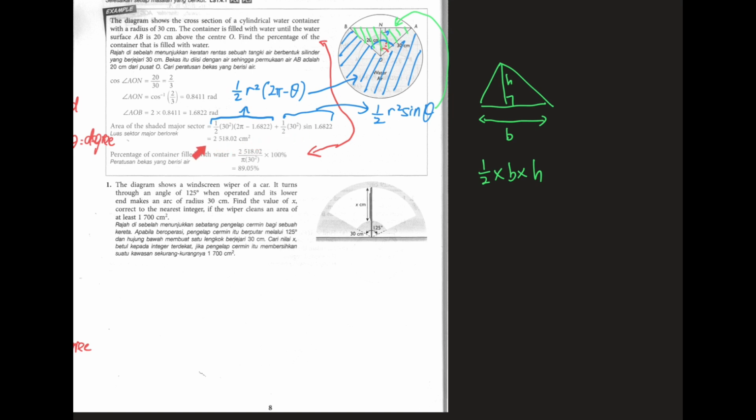Then they get the area of the shaded region, then divide by the area of the whole circle, pi times 30 squared, times 100%, and then you will get the percentage. Let's see what else. I think this chapter is almost settled already.